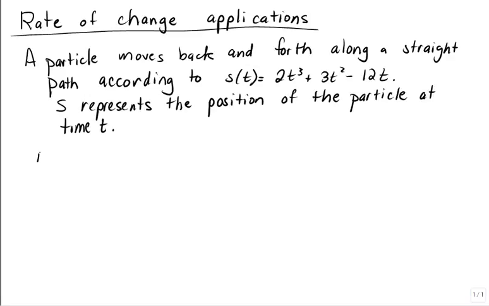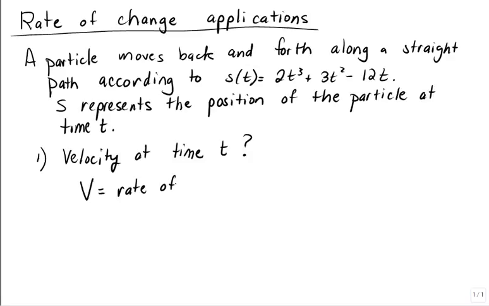So the first thing we want to do is find the velocity at time t. Now, the velocity is a rate of change. It's the rate of change of the distance or position with respect to time.